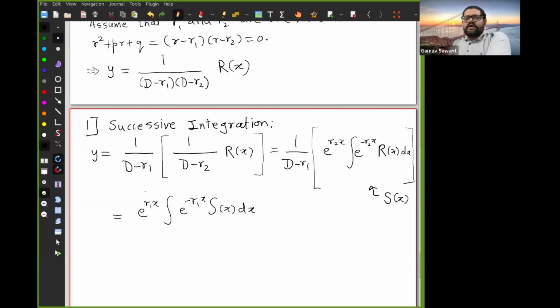If your function R(x) is of a certain form, which guarantees that this first integral works fine, then this is a much easier way to go about. Finding S(x) is easy, and then you can apply the second integration and so on.